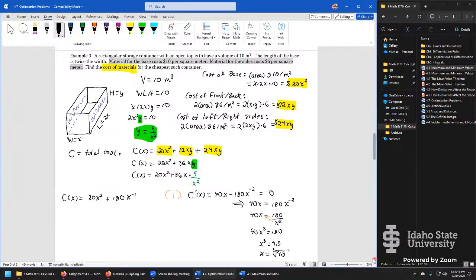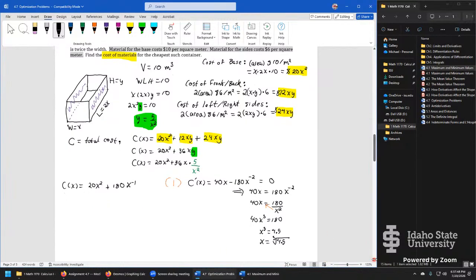So that number x is the critical number of c, our cost function. Now that we have a critical number, we're ready to start optimizing, proving the critical number is going to lead to the cheapest container. Any questions before we hit this with the next step?